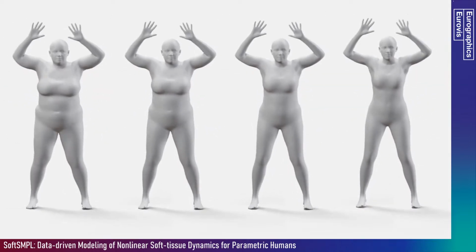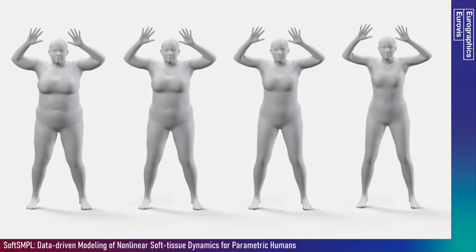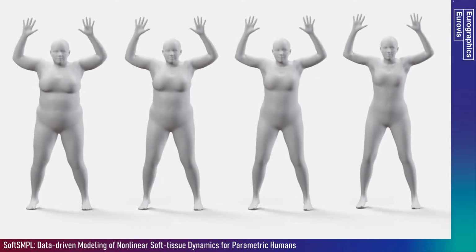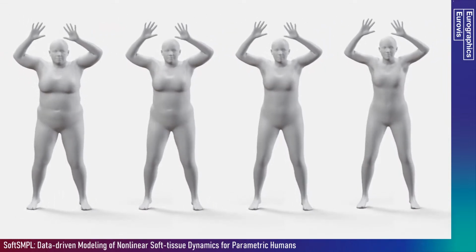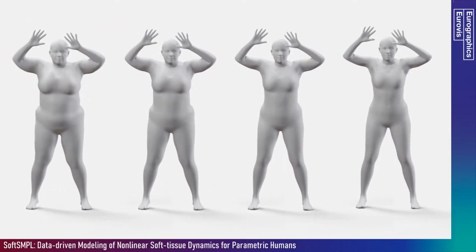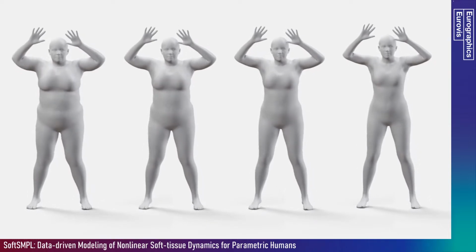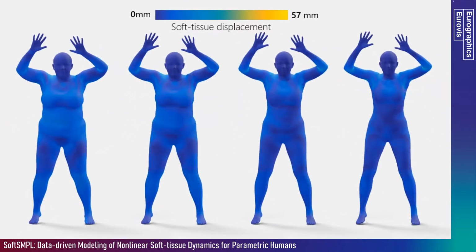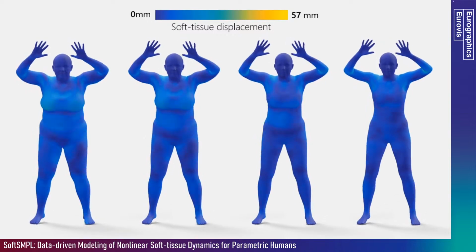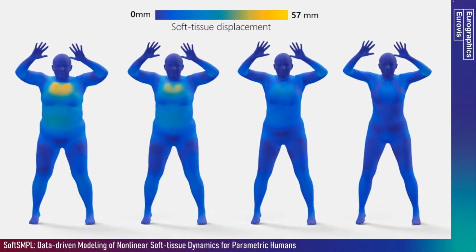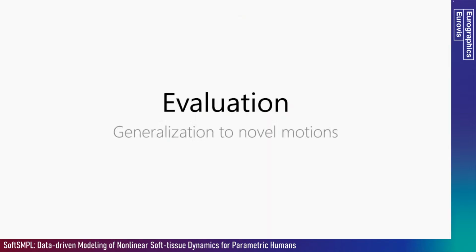Here we visualize the range of soft tissue dynamics produced by our model. As shown in the previous plot, our model produces very different soft tissue dynamics depending on the body shape. And here we use a color map to highlight the magnitude of the soft tissue displacements. We also evaluate the ability of our method to generalize to novel motions.